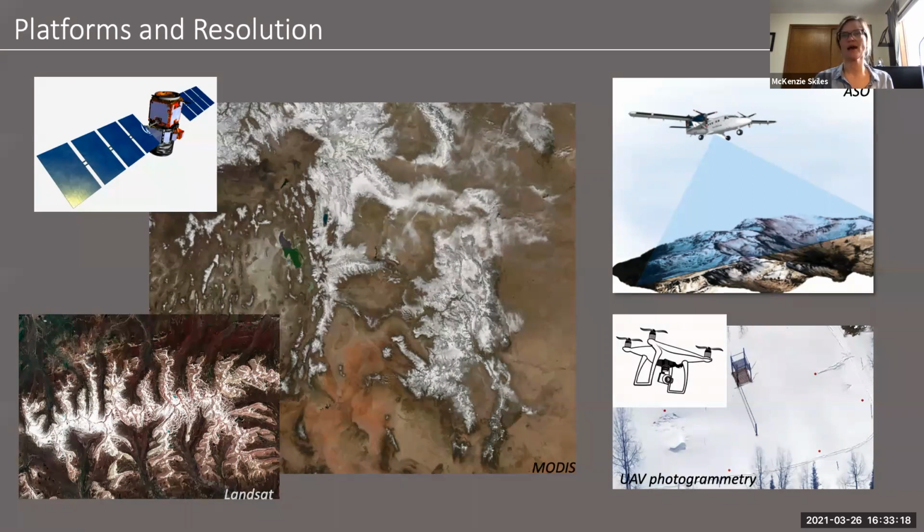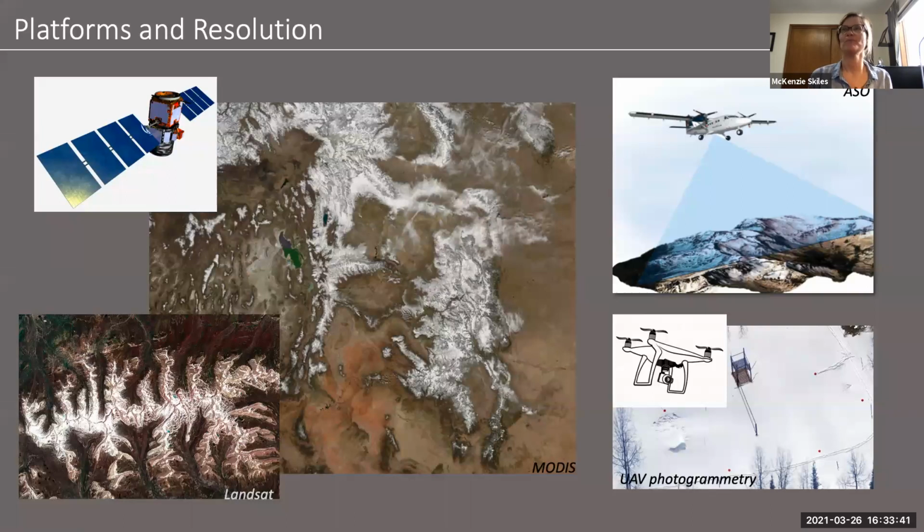And to fill the gap between satellite retrievals, we also use airborne measurements and drones to measure snow. And airborne measurements have been around for a long time. The popularity of drones for monitoring snow cover is a little more recent, but really increasing in popularity.